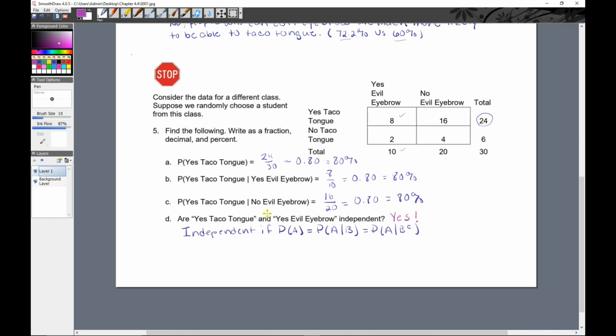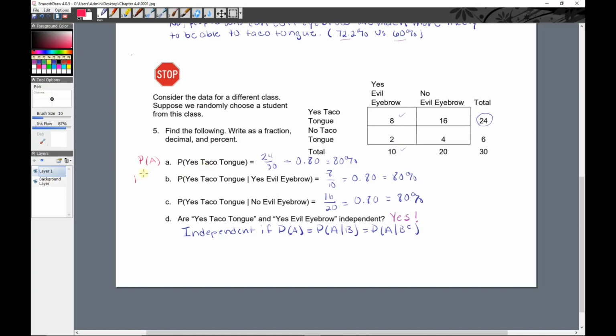Well, I put the answer here as a yes, but let's look at this a little closer. Probability of yes taco tongue, let's call that the probability of A. The event A is that somebody can taco tongue.